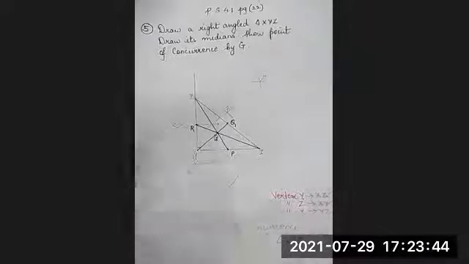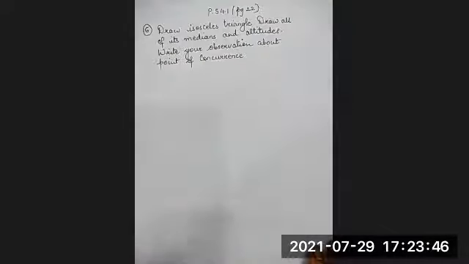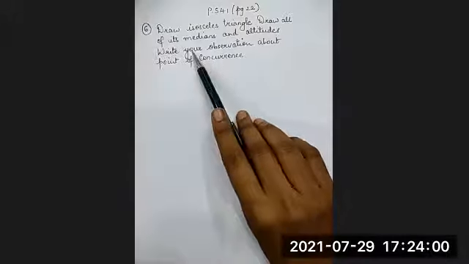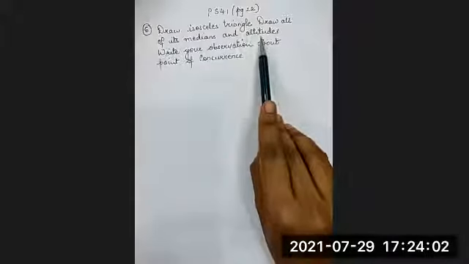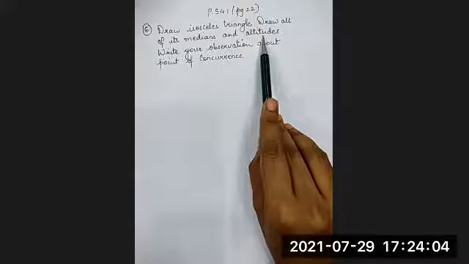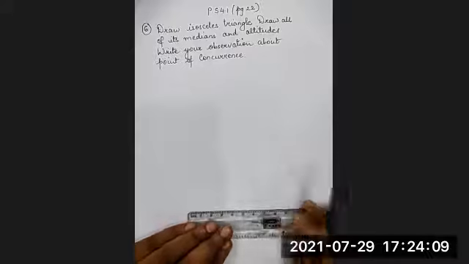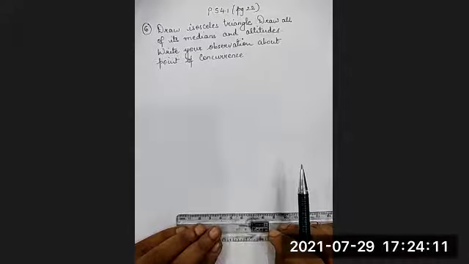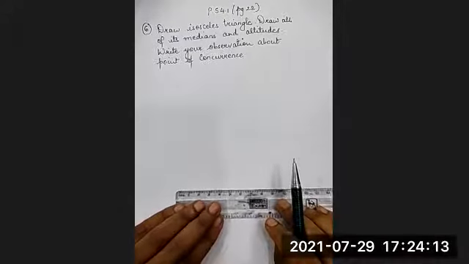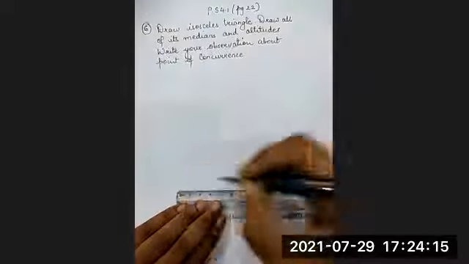Now let's proceed with sum number 6. Sum number 6 is: draw an isosceles triangle. Draw all of its medians and altitudes. An isosceles triangle means a triangle which has two sides equal. So let us first begin. I will draw an 8 centimeter line, the base.